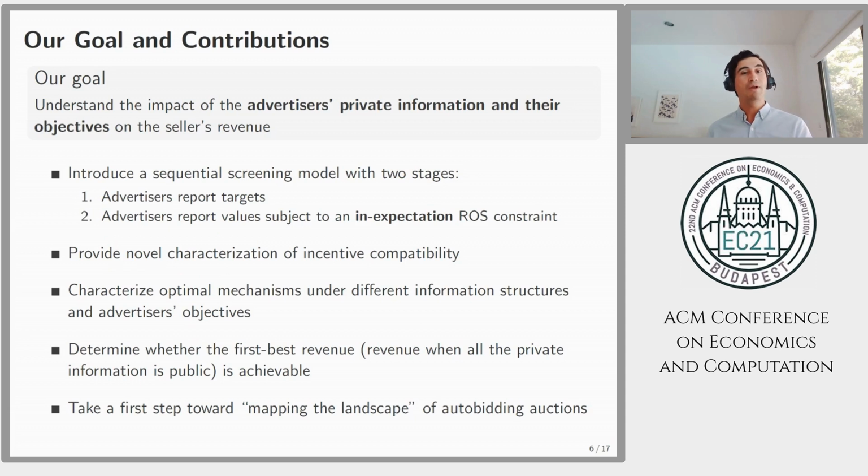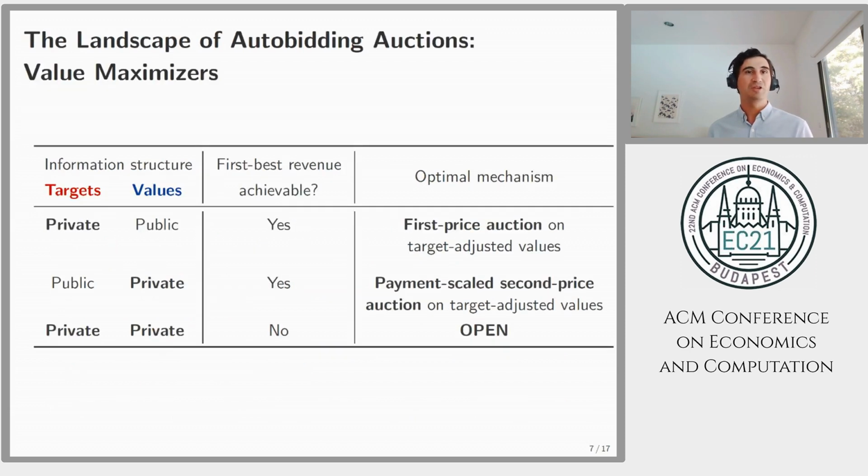We're going to provide a novel characterization of implementability for this sequential screening model, and we're going to leverage this characterization to characterize optimal mechanisms under different information structures and different advertiser objectives. We're going to try to understand whether the first best revenue, that is the optimal revenue that you can achieve when all prior information is public, is achievable. And in doing so, what we hope is to take a first step towards mapping the landscape of auto-bidding auctions.